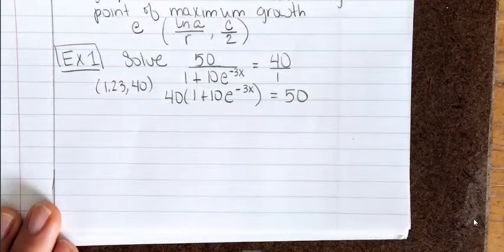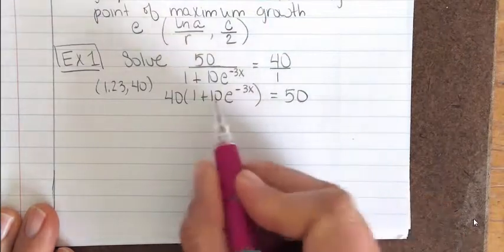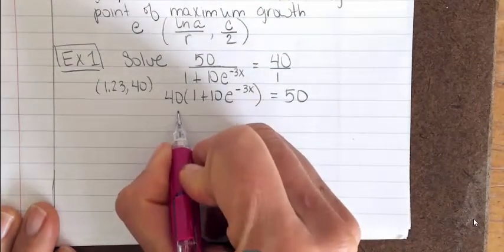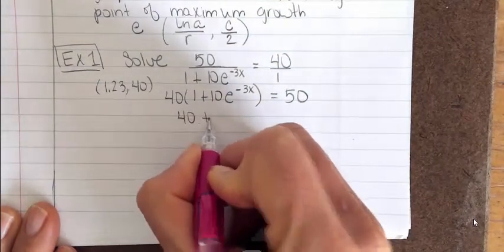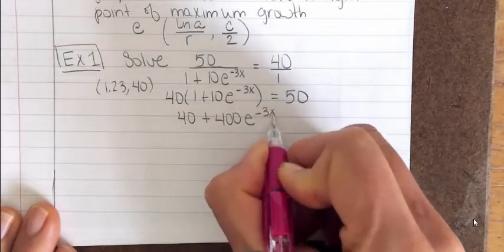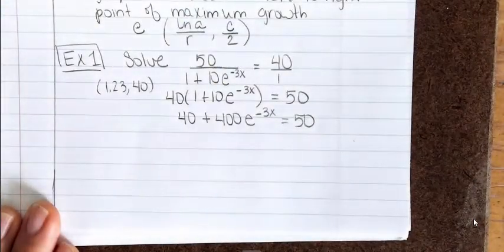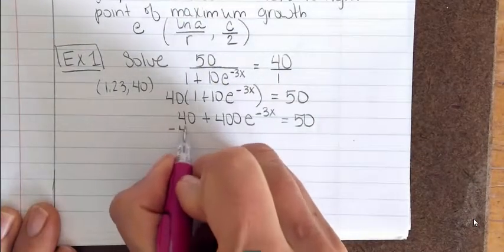Okay, now solving for this, I think what I'll do is distribute that 40 because I need to get that x out of the parentheses. So this is 40 plus 400 e to the negative 3x, and that's going to equal 50. Now I'll subtract the 40 from both sides.